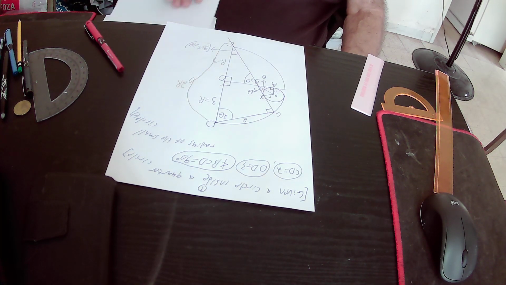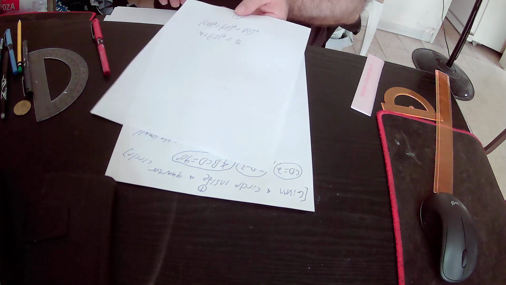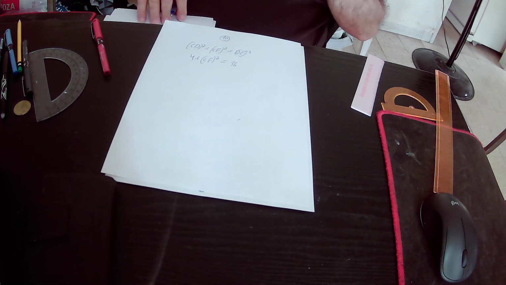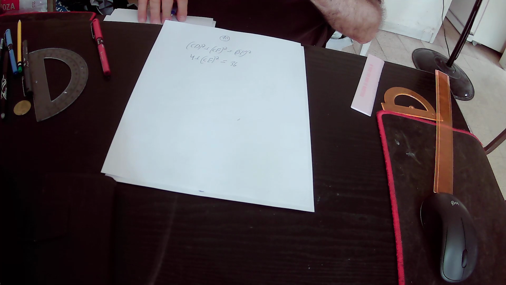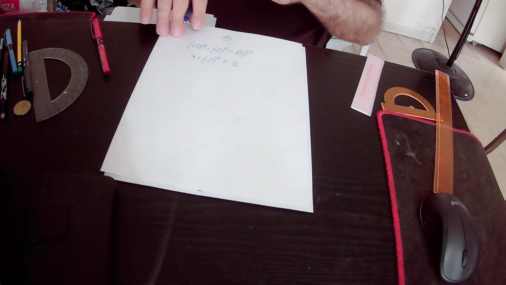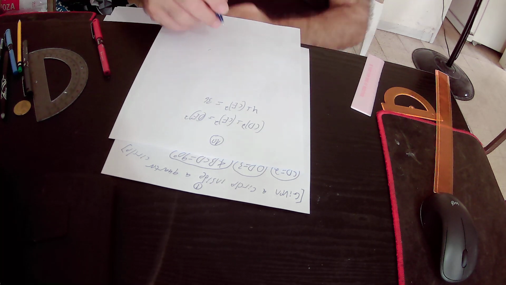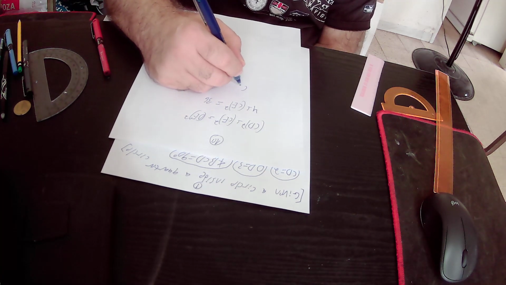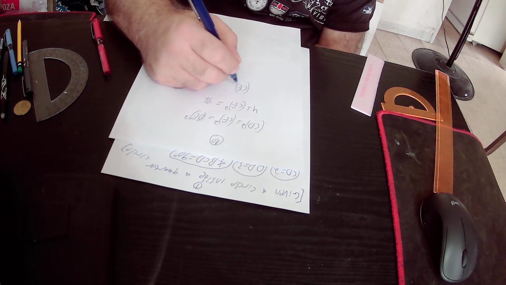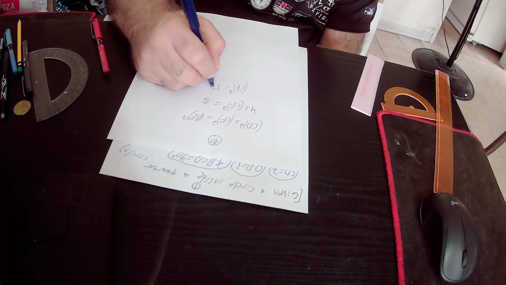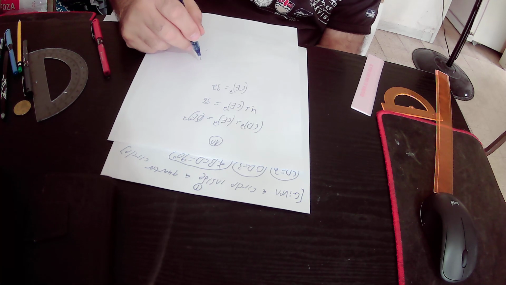So in total we got that 4 plus CE square equals 36. Here we will subtract 4 from this equality, and we will get that CE square equals 36 minus 4, which is 32. CE square equals 32.